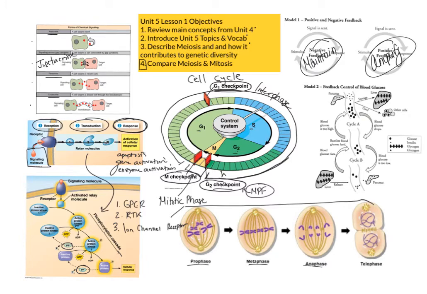For negative feedback, we have something such as the feedback control of blood glucose levels, right? There are mechanisms by which a human body is able to recognize if the blood glucose levels are too low and bring about a response that raises that blood glucose back to its stable level, or if the blood glucose is too high, the body also has a negative feedback mechanism that helps to lower the blood glucose back to that stable level.